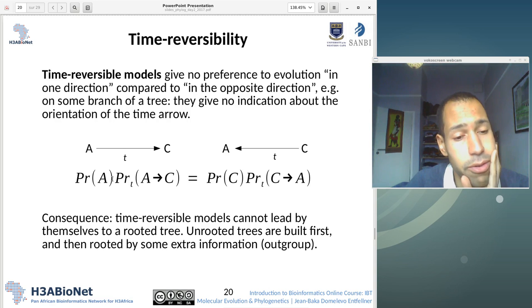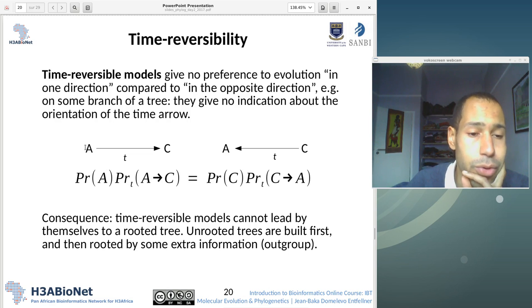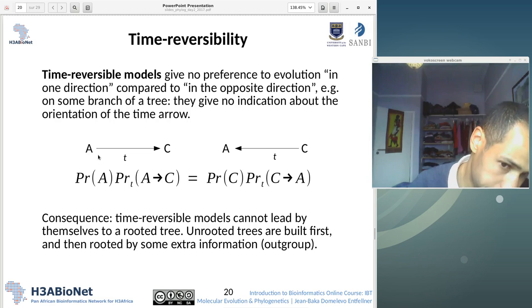So this writes this way: probability of A times probability that this A evolved into a C. So that's probability to have an A and probability to get a C after a time t.